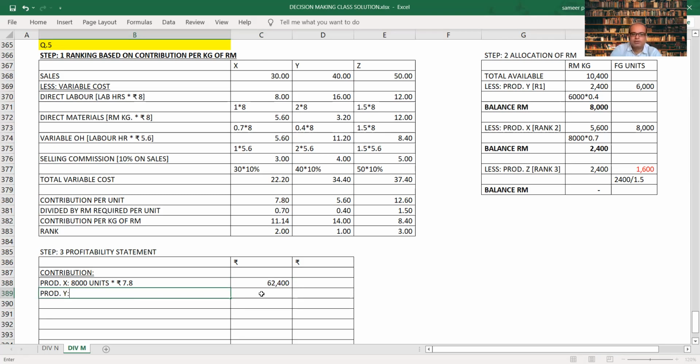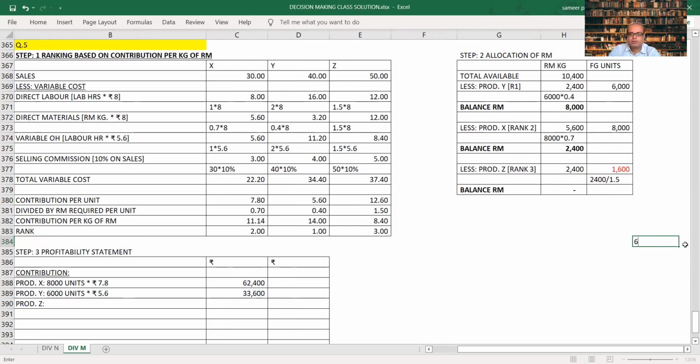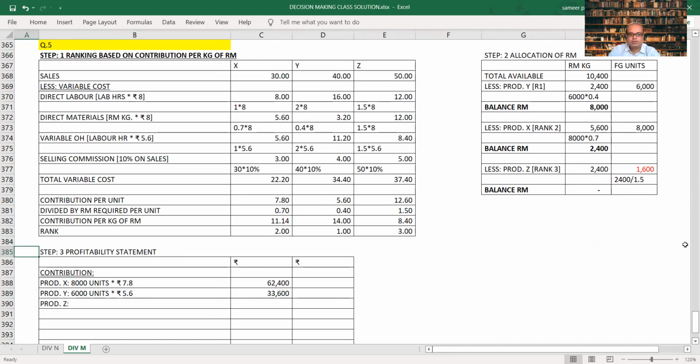Then product Y. For product Y, we are going to manufacture 6,000 units. And contribution per unit is 5.6. So 6,000 into 5.6. Product Z, 1,600 units. And contribution is rupees 12.6.